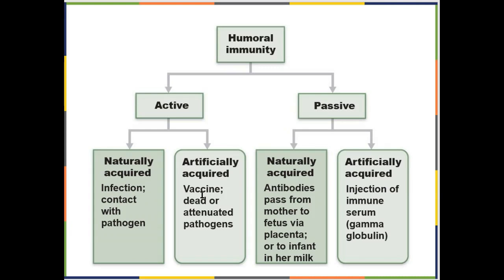Another way to do it is to take a more virulent, aggressive strain of the virus, maybe edit the DNA a little bit. You can take some bits of DNA out and make what is called an attenuated strain, or a strain that does not make you sick, and inject that into the person.